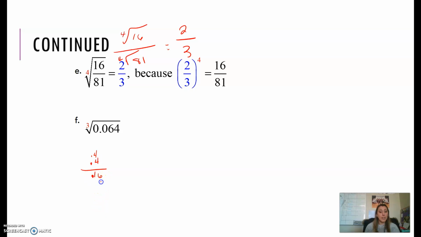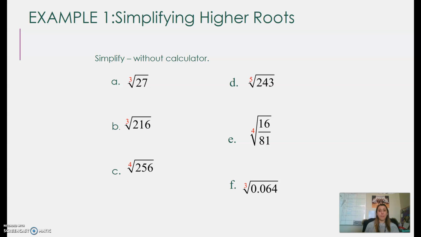Then we do 0.4 one more time: 4 times 16 is 64, and we have 1, 2, 3 decimal places, so we get 0.064. So our answer must be 0.4. You can use your different strategies to do that.